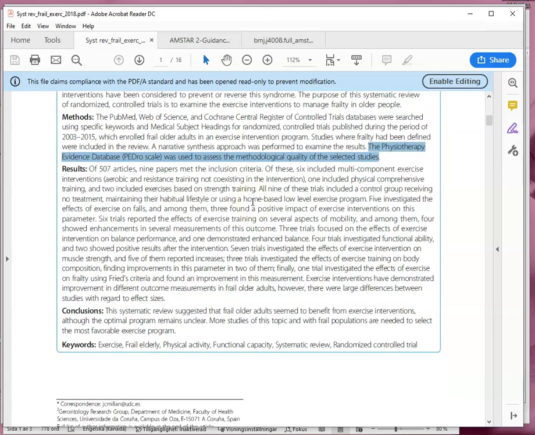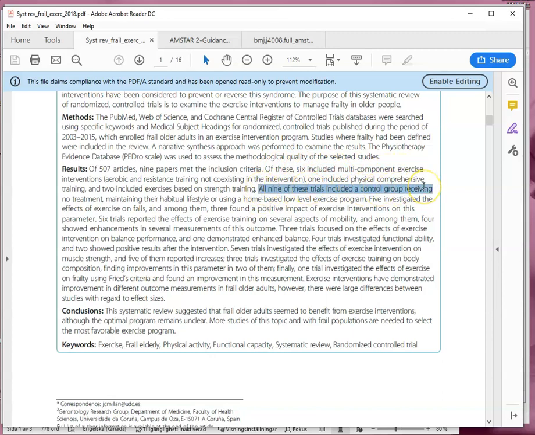Okay, and then the results show that they started with 507 papers, but only 9 were included in this study. And then they described them. 6 were multi-component interventions.